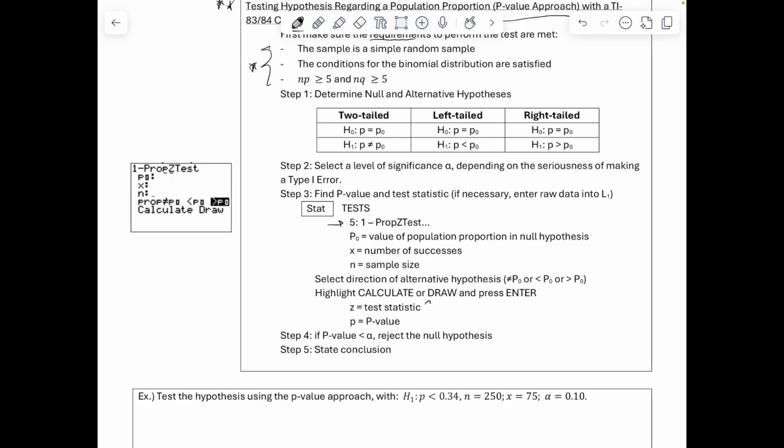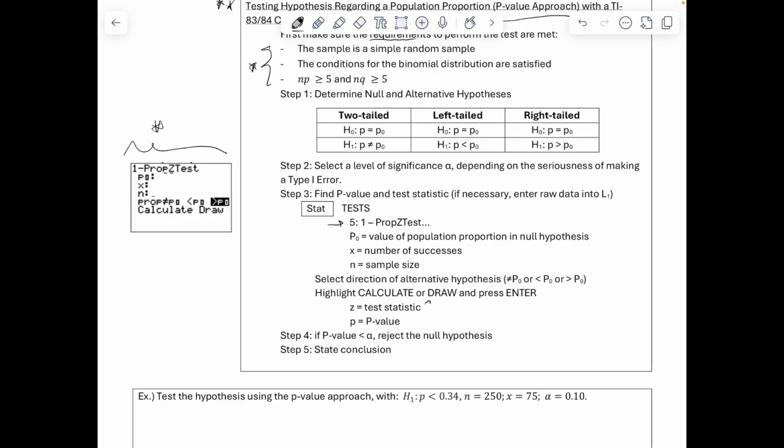You need to put in x, which is the number of successes, and n, which is our sample size. I put a screenshot over here of what the TI-84 would look like. All of the versions are a tad different, so adjust it to what you see on your specific calculator or app.